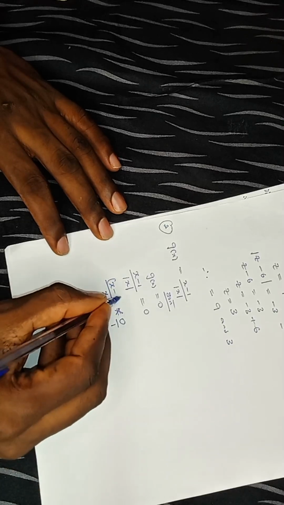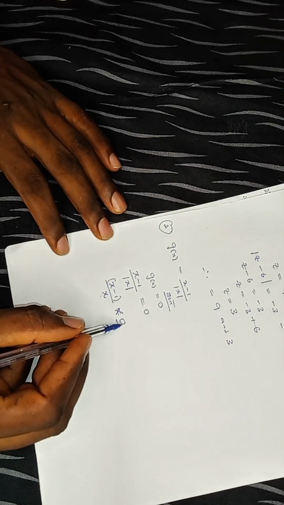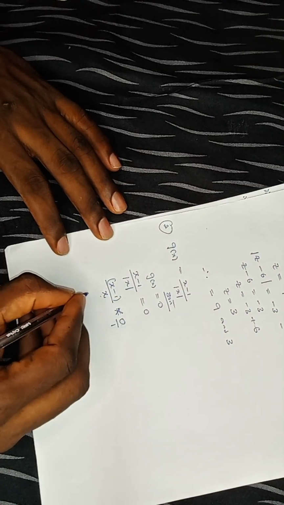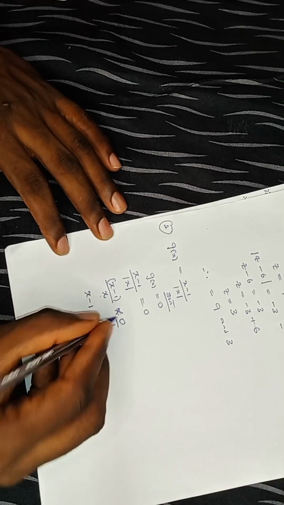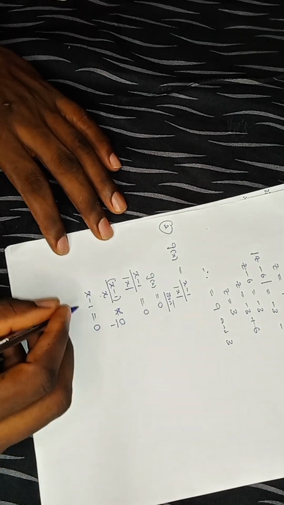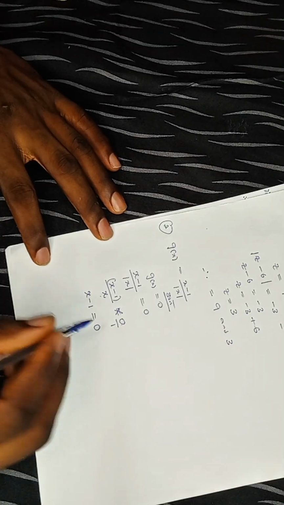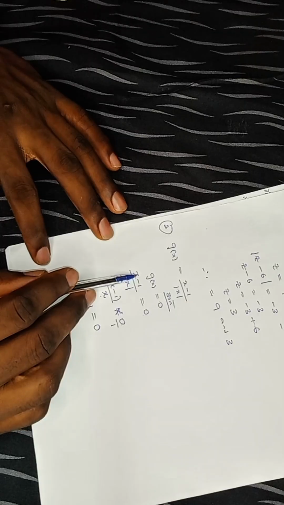Everything here multiplies 1, everything here multiplies 0. We're going to have x minus 1 equal to x multiplied by 0, which gives 0. So we just solve for x now, because the root means that after equating the function to 0, you solve for x. That is how we work for the roots.